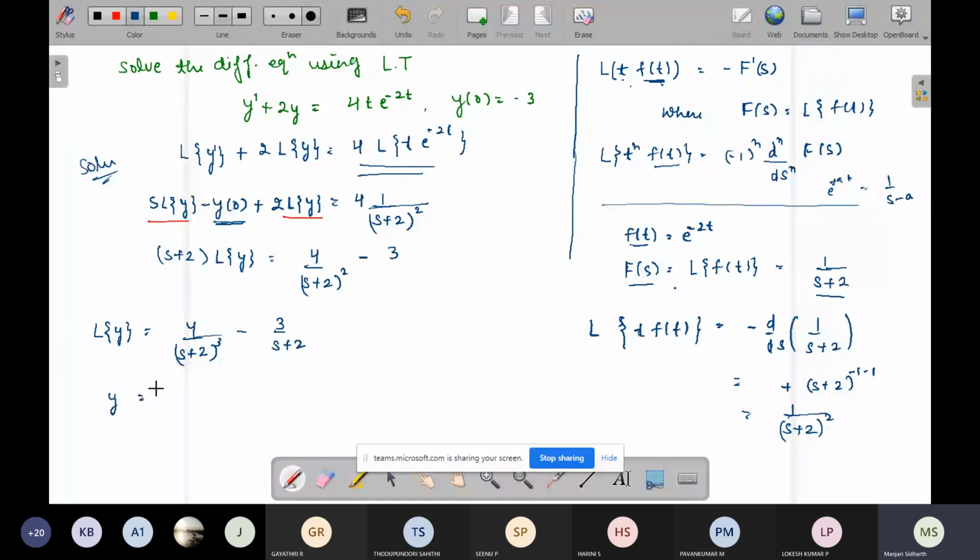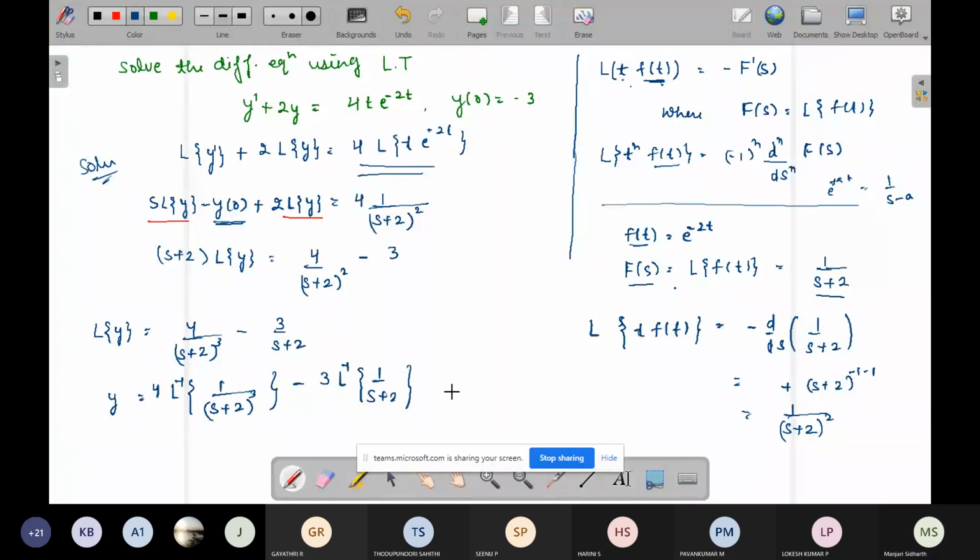So you need the value of y. That means Laplace inverse of 4 times 1 by s plus 2 whole cube, and 3 into Laplace inverse transformation of 1 over s plus 2.